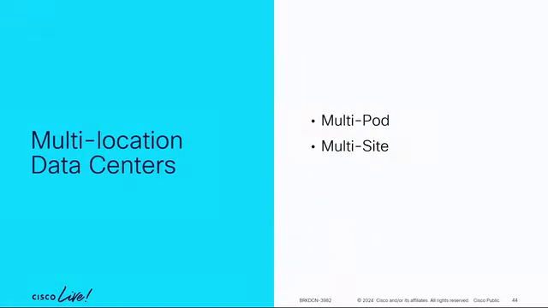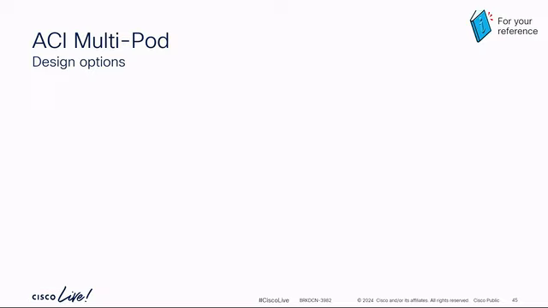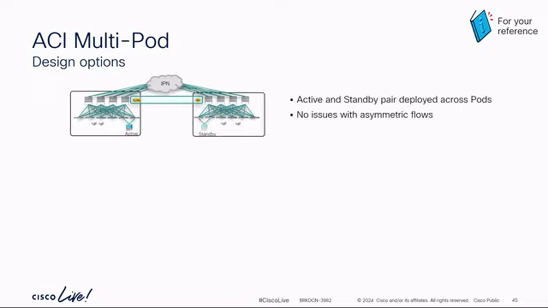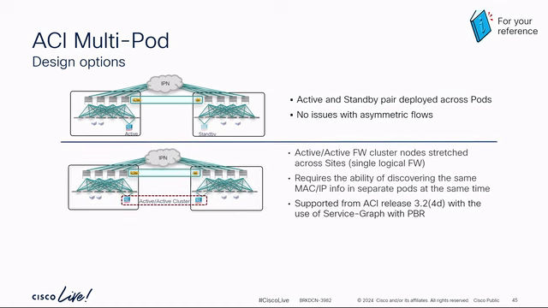The key point here is it's very important to keep traffic symmetric. So I'm going to explain how we can keep traffic symmetric for multi-pod and multi-site. So let's start with multi-pod. We have 3 options. First option is active standby across pods. Since the active device will always take care of traffic, there's no need to think about asymmetric traffic. So it's pretty simple. The second option is an active-active cluster across pods. This requires the Anycast service feature, and I'm going to double-click this option.